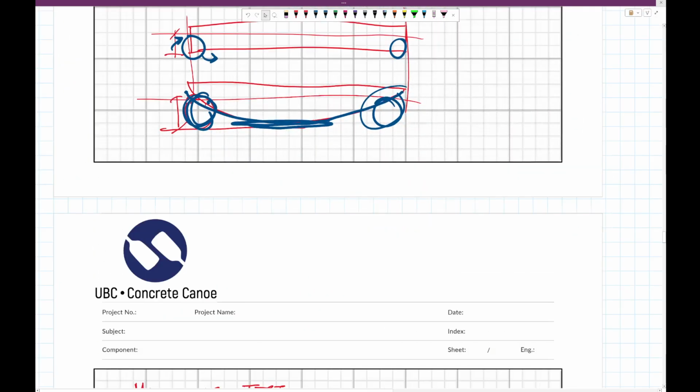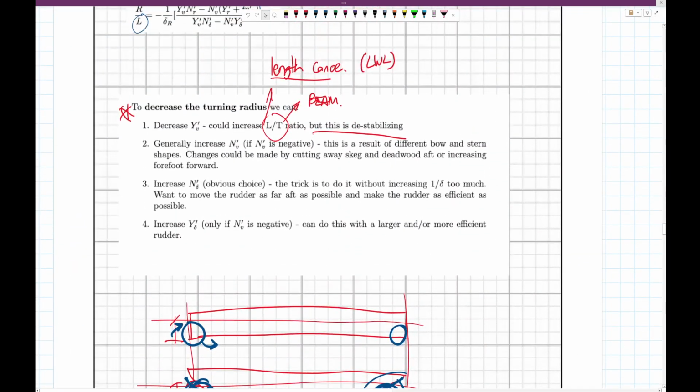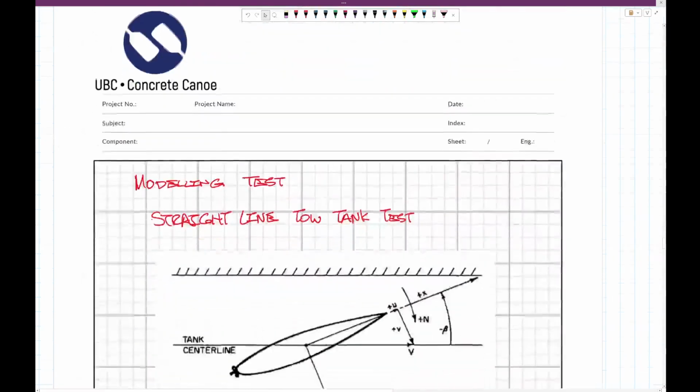So after all this discussion, the next part is, okay, now how exactly do we get these values? We're going to create some tests, or the tests that we created solve for the sway force and yaw moments with respect to the transverse velocities.